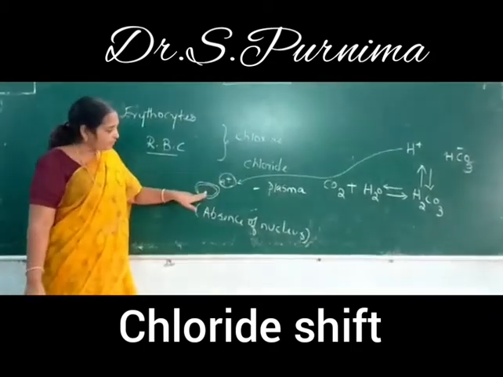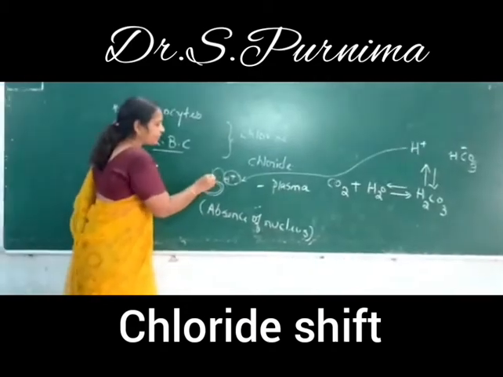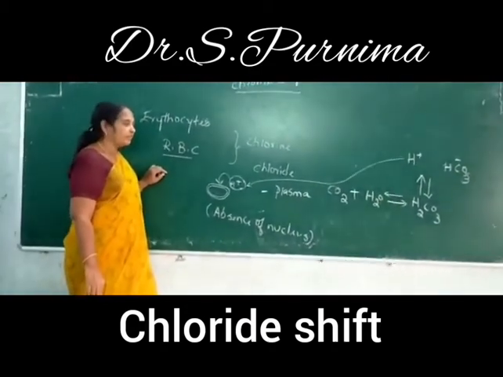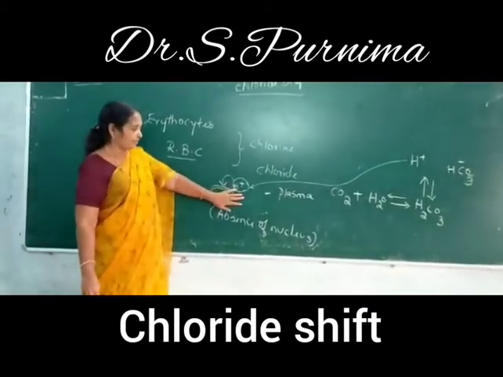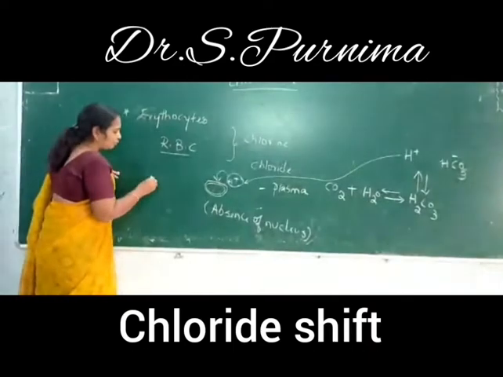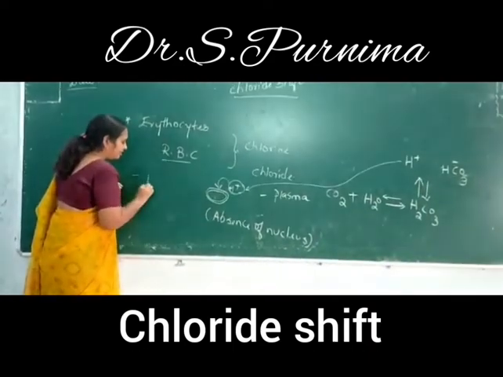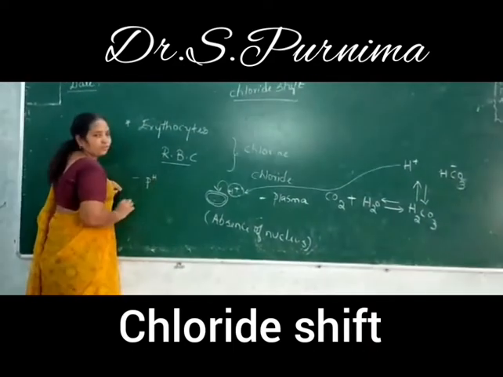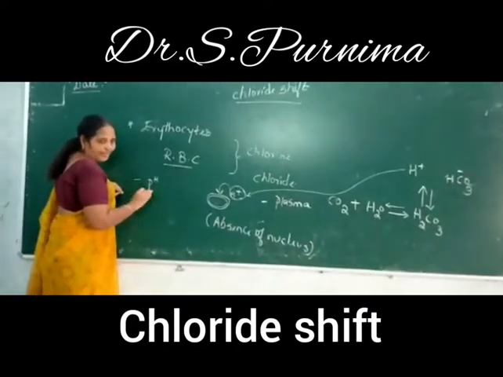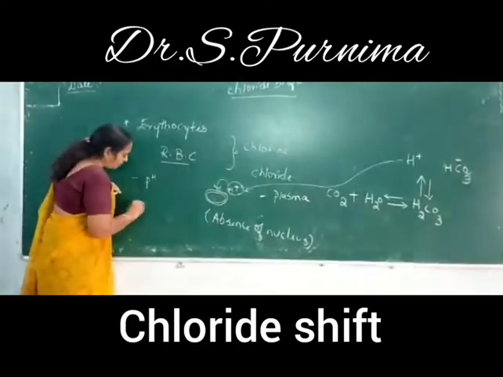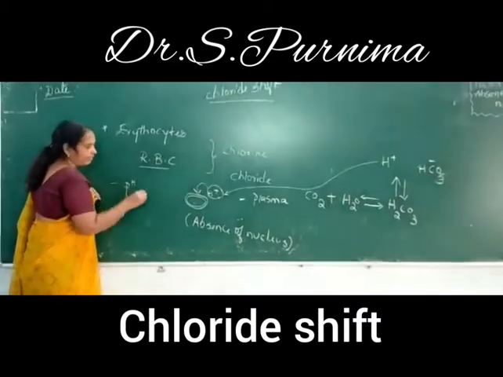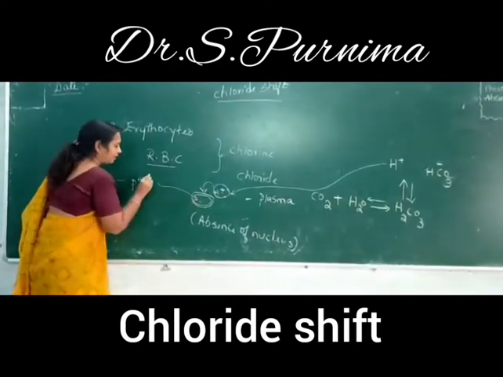The H plus ions, when they try to enter your RBC, at one particular point, what is happening? In the plasma, the liquid portion of the blood, there is change in the pH. That addition of hydrogen ions will try to fluctuate the pH, and the water which is being formed there will also tend to come in.